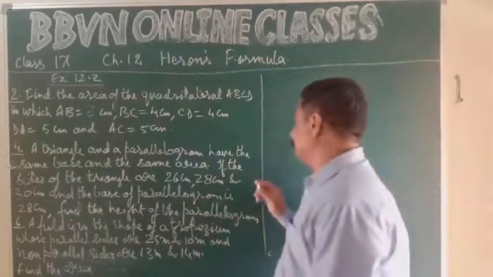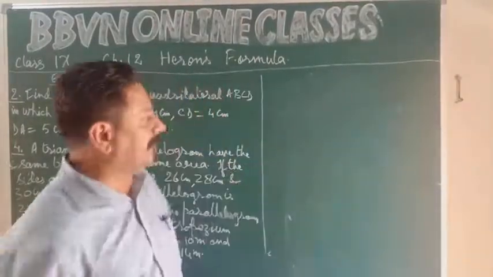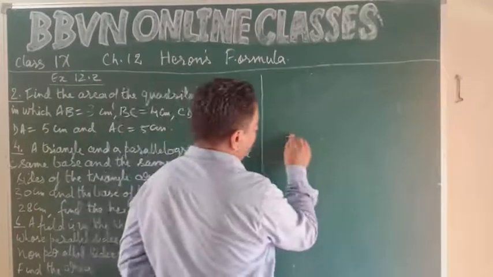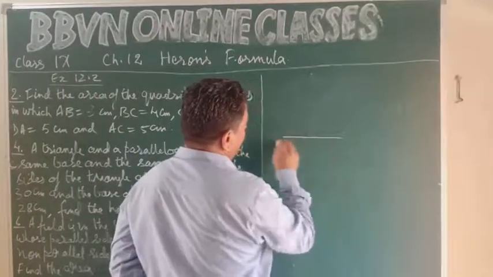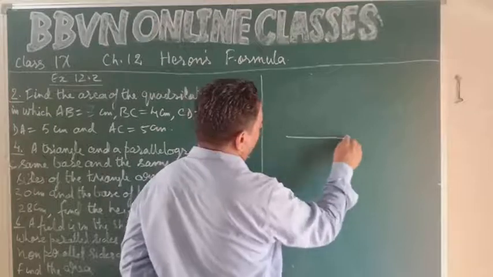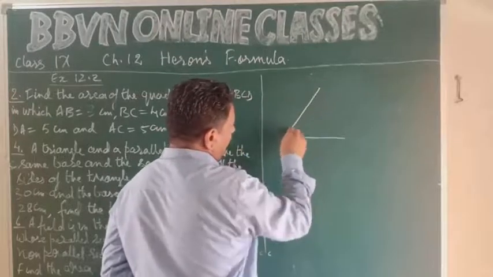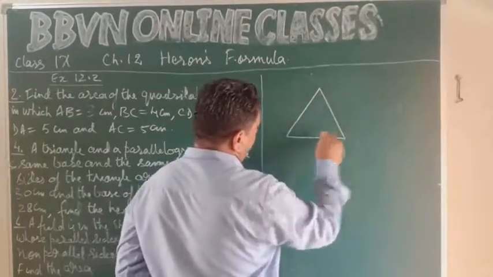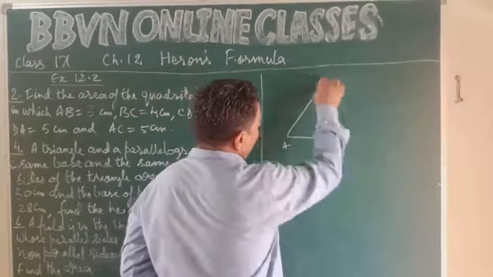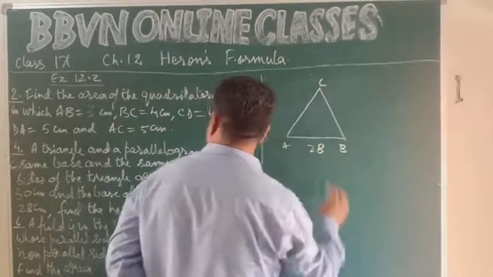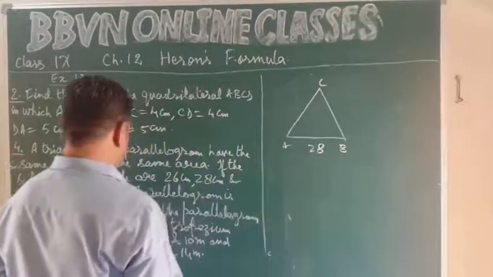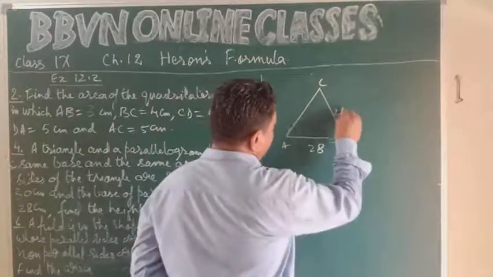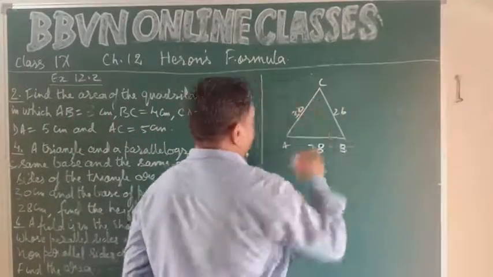So let us consider the base of the triangle as 28 and also the base of the parallelogram as 28 centimeter, one of the sides of the triangle, another side say 26 centimeters, third side 30 centimeters.